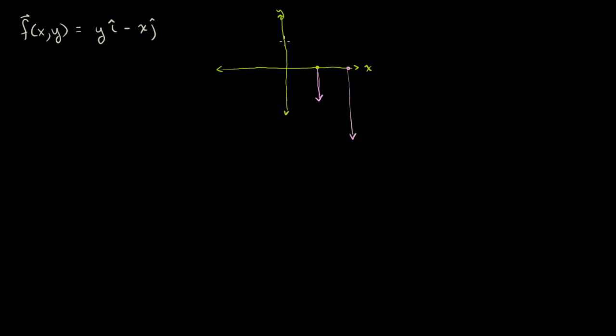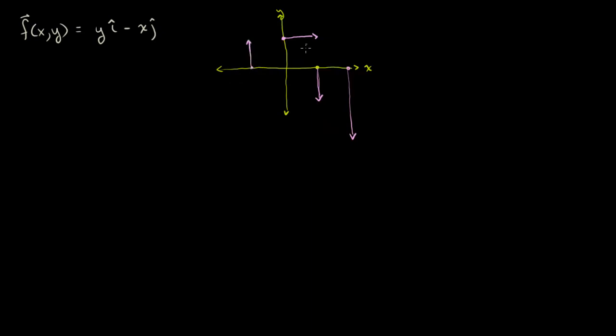Likewise, if we were to go here where y is equal to 1 and x is equal to 0, we have 1i plus minus 0j. So then our vector is going to look like that at this point. And if we were to go to 2, you can get the picture. You can keep plotting these points. You just want to get a sense of what it looks like. If you go here, the vector is going to look like that.